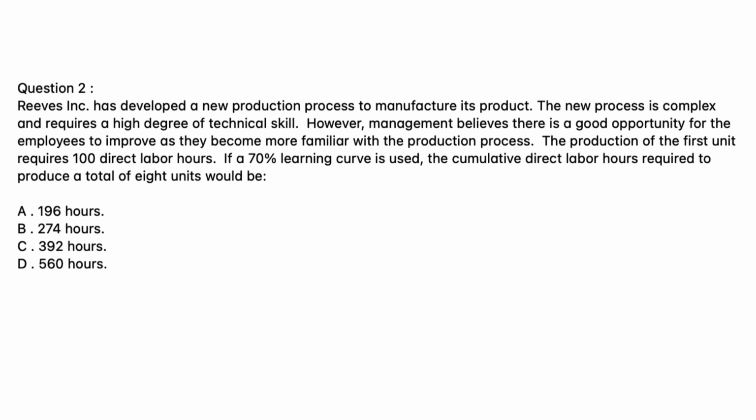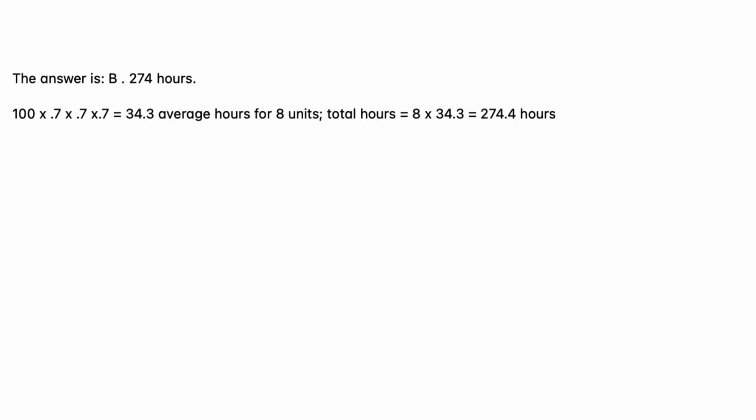If a 70% learning curve is used, the cumulative direct labor hours required to produce a total of 8 units would be A. 196 hours, B. 274 hours, C. 392 hours, D. 560 hours. The answer is B. 274 hours. 100 x 0.7 x 0.7 x 0.7 equals 34.3 average hours for 8 units. Total hours is equal to 8 times 34.3 equals 274.4 hours.